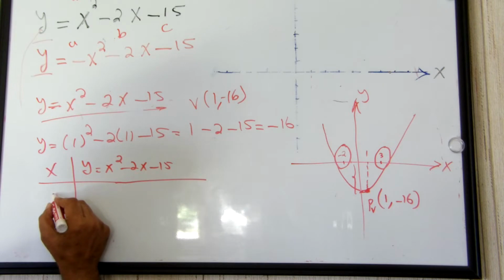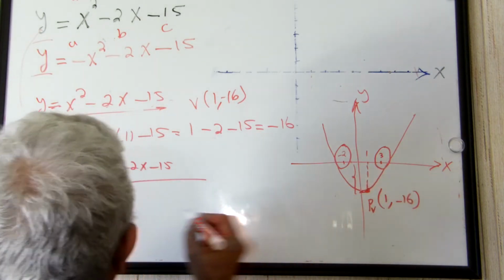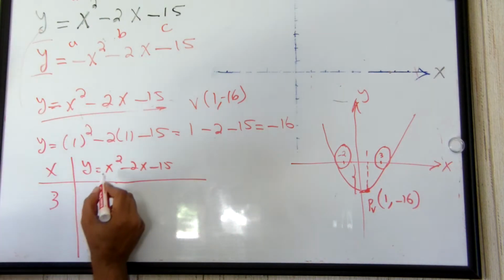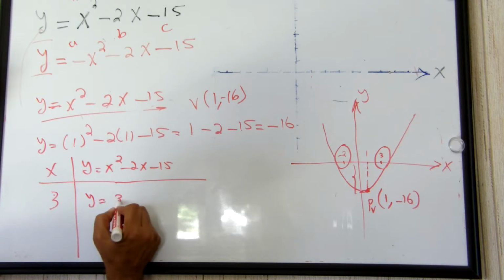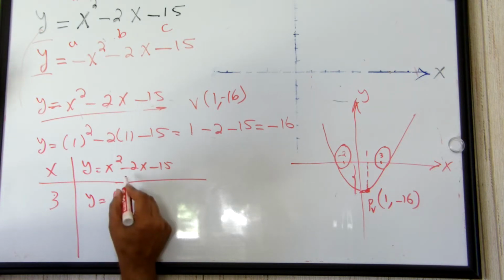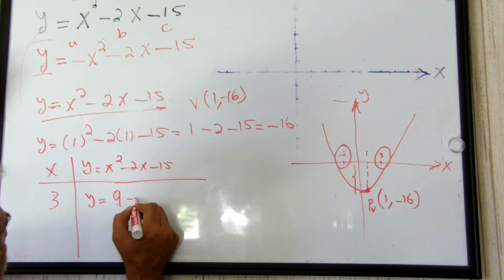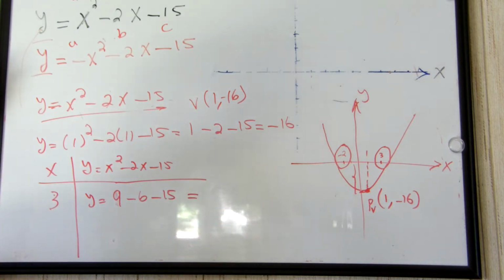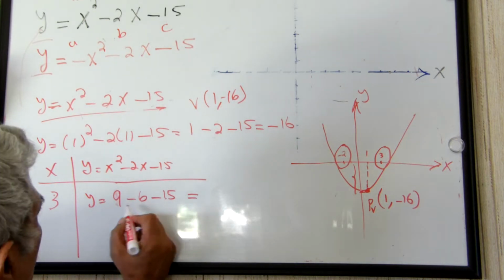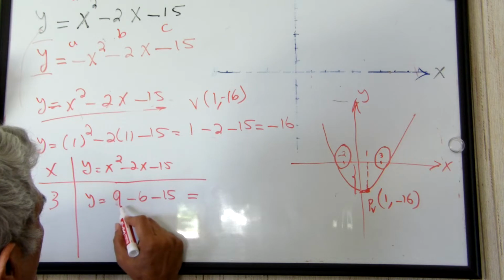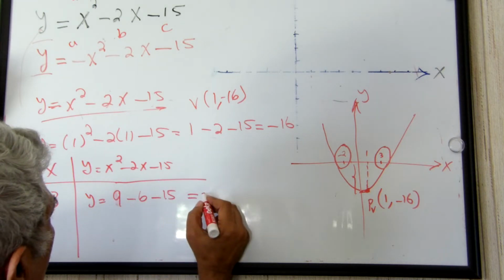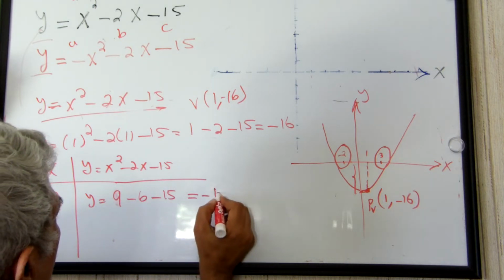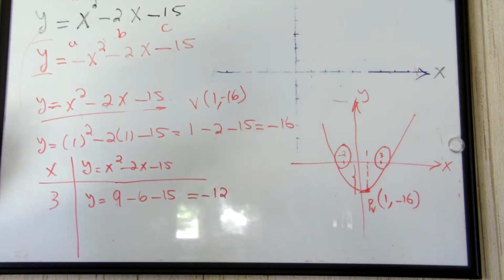What is y if x is 3? If x is 3, y is 3 to the power of 2, which is 9, minus 2 times 3, which is minus 6, minus 15, which gives minus 12.